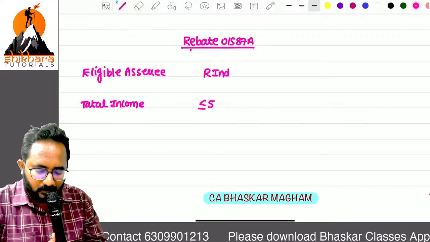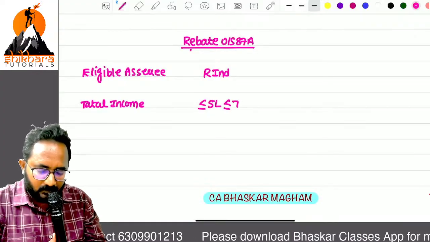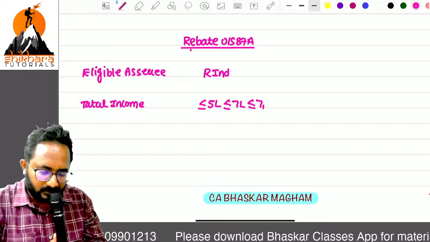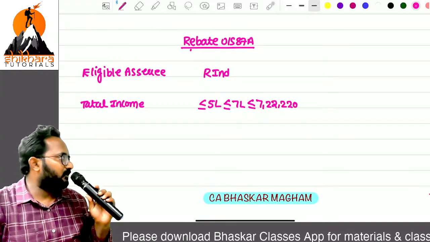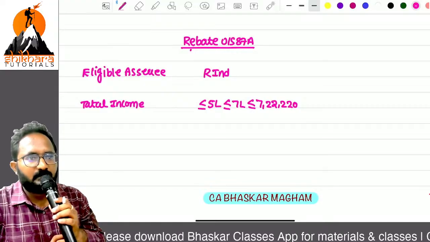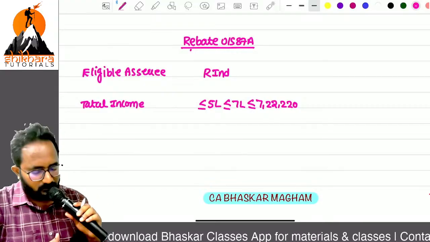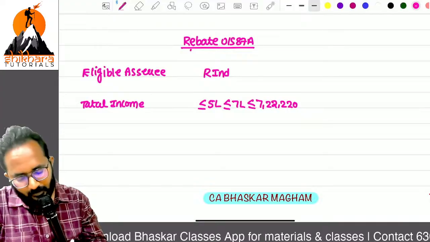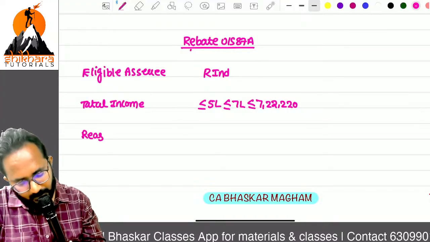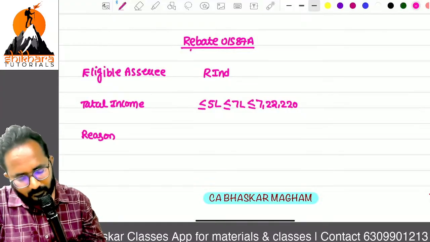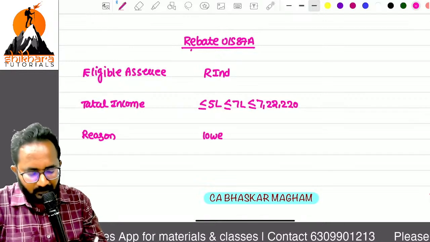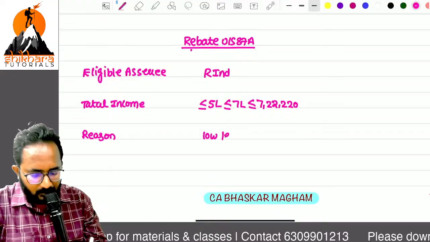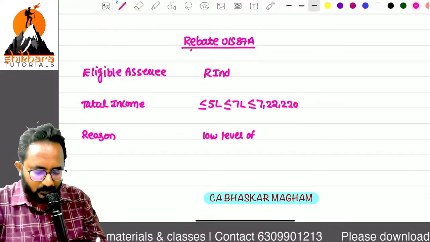Less than or equal to 5 lakh, less than or equal to 7 lakh, less than or equal to 7 lakh 22,220, under different regimes, whether you are following the normal regime or the default tax regime. Why are they given the rebate? Because these SSEs have a low level of income.